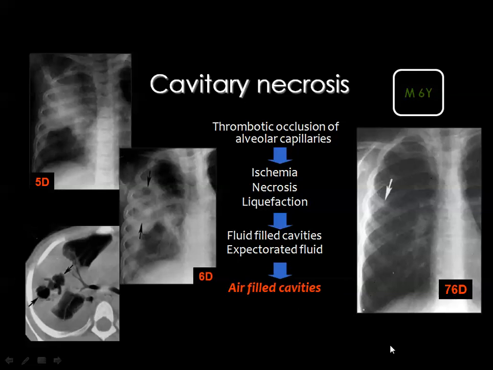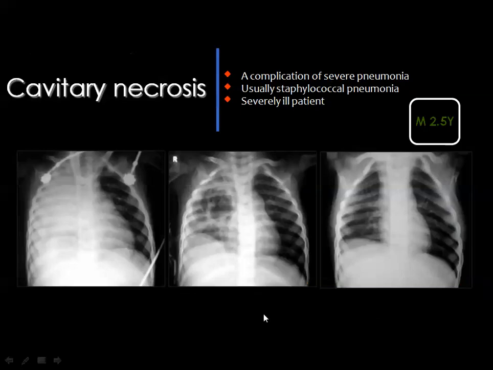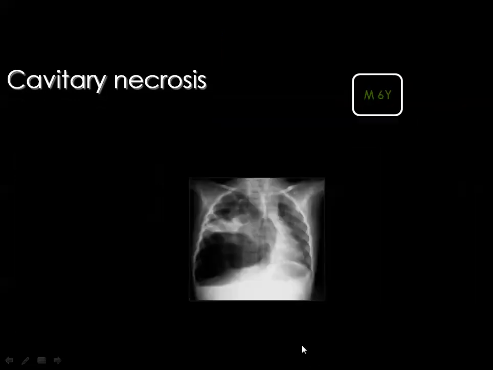We do not know why this disease is regressive, since it is necrosis, and this is a peculiar finding for pediatric patients. Then I will show you some cases, and this is an example. A child 2.5 years old with consolidation, and after that he developed cavities, and later on there is complete resolution of the disease.